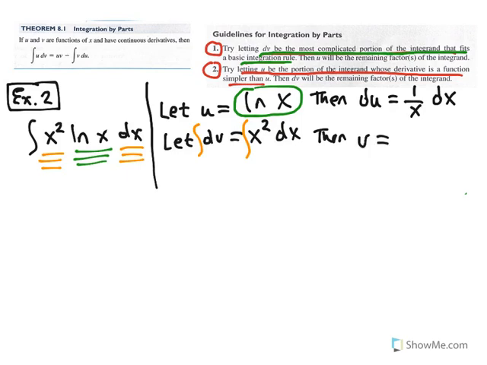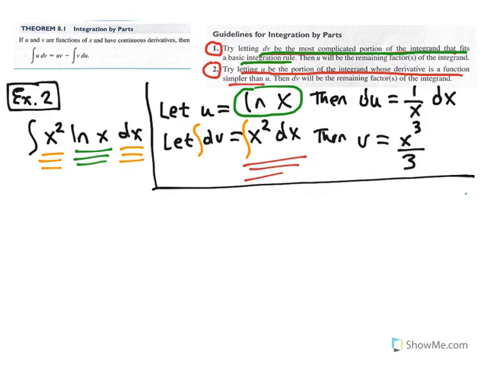And when you integrate the right side, you just use the power rule for integration. So you're going to have x cubed over 3. Add 1 to the exponent and divide by the new exponent. And again, I will not write the plus c. That's going to be done at the very end of the work. So this is what we have, and let's see how this works out for us.